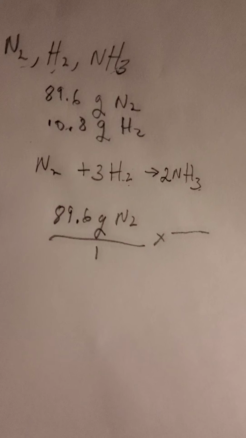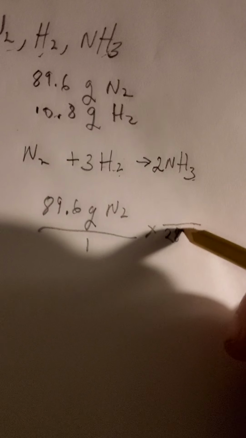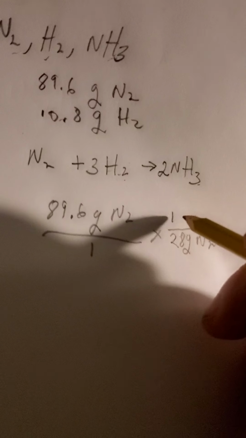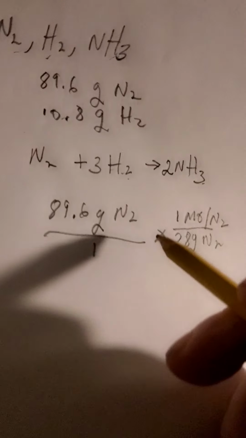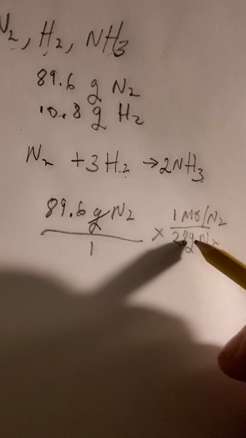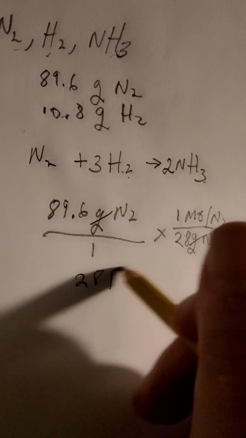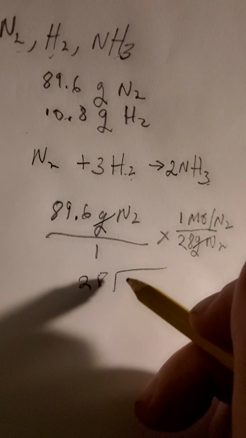So you have to double that to get 28 grams of nitrogen to 1 mole of that stuff. Now, the grams will cancel, and you're going to say 28 into 89.6, right? Because we got the denominator here and numerator here.